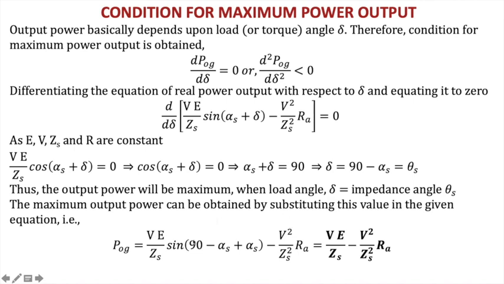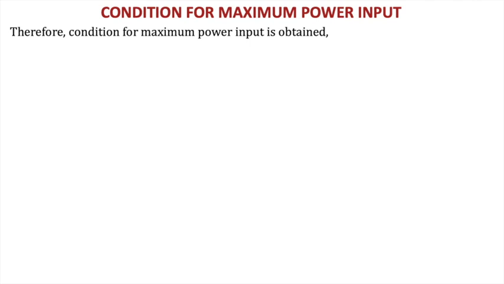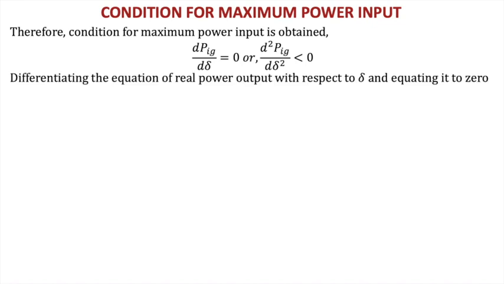What you get as the maximum power output of the generator is VE by Zs minus V square by Zs square into Ra. Now for the condition for maximum power input, again the variable quantity is del, so we'll differentiate the equation with respect to del. The second derivative has to be less than 0.